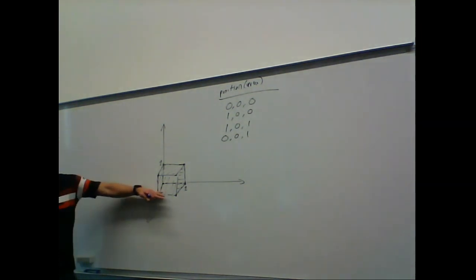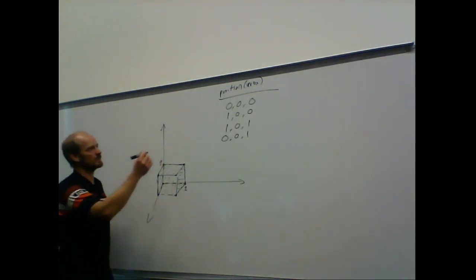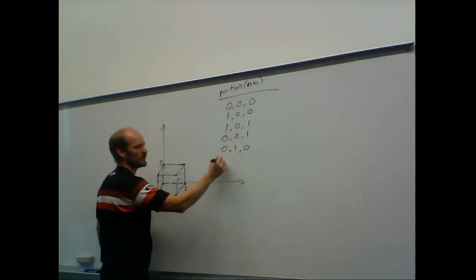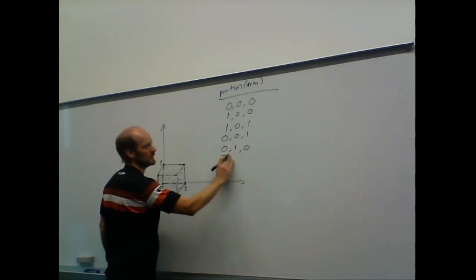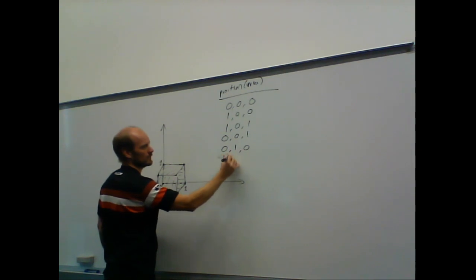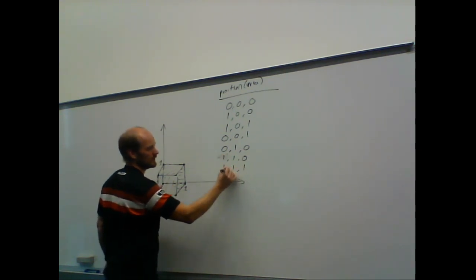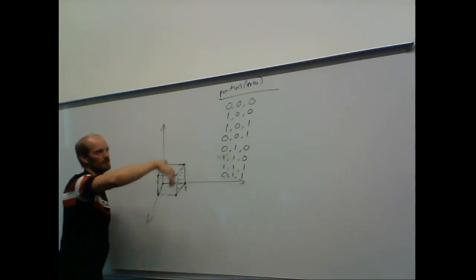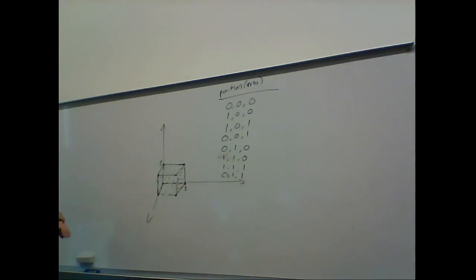And then I have all those same except here on the top, which means I can list all of them again, except with the y coordinate 1: 1, 1, 0, 1, 1, 1, and 0, 1, 1. These are all the corners of this cube here.